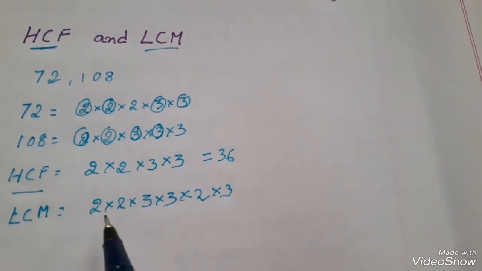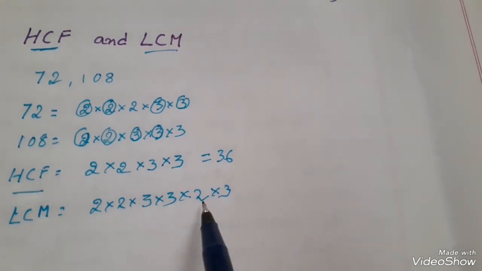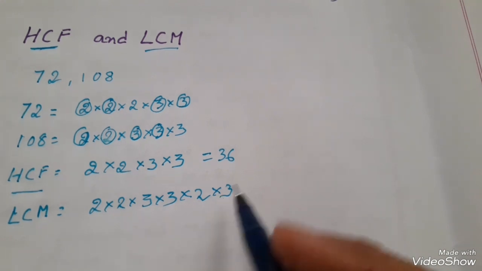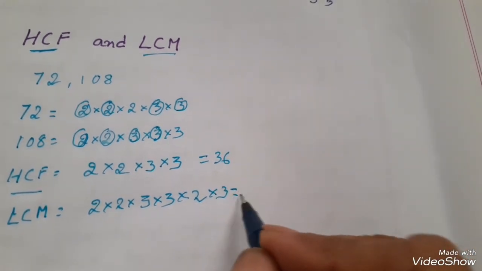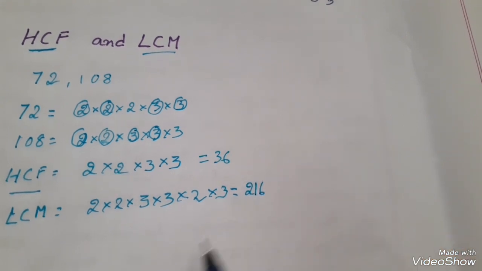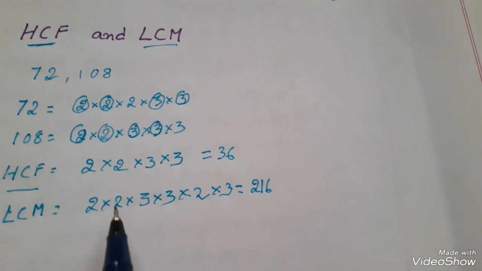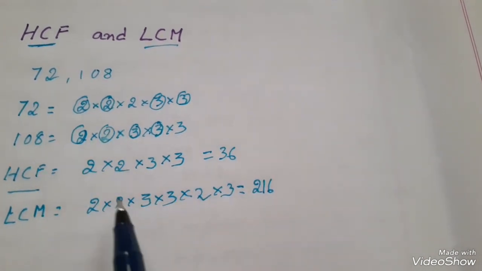Now you multiply: 2 2s are 4, 4 3s are 12, 12 3s are 36, 36 2s are 72, 72 3s are 216. So 216 is the LCM of 72 and 108.